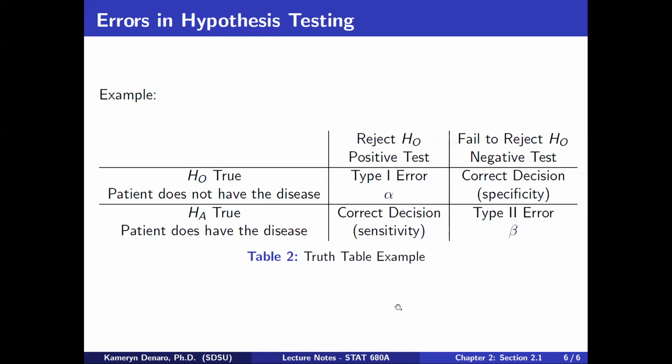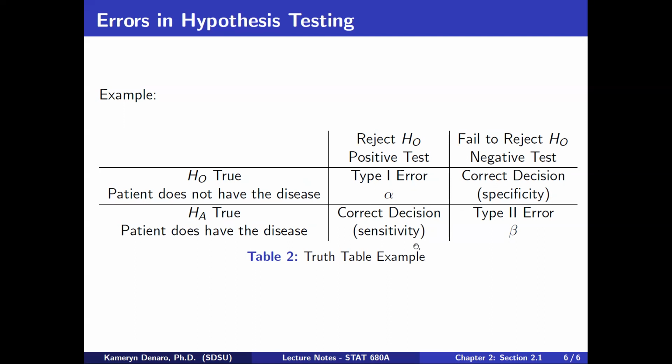So here's an example that we worked through during chapter 1. In our example, either the patient does not have the disease or the patient does have the disease. That's H0 and HA. If we reject H0, that may be because we got a positive test on some screening test. And if we fail to reject H0, that would be because the test came up negative.